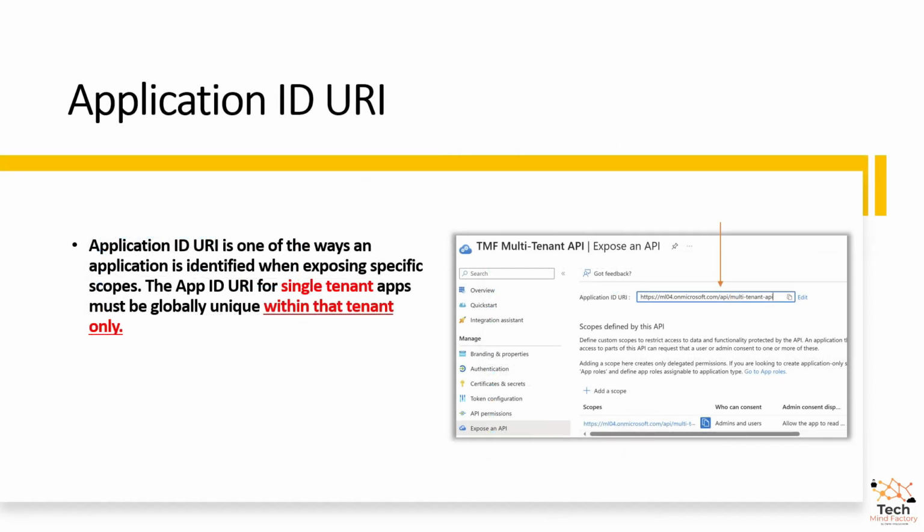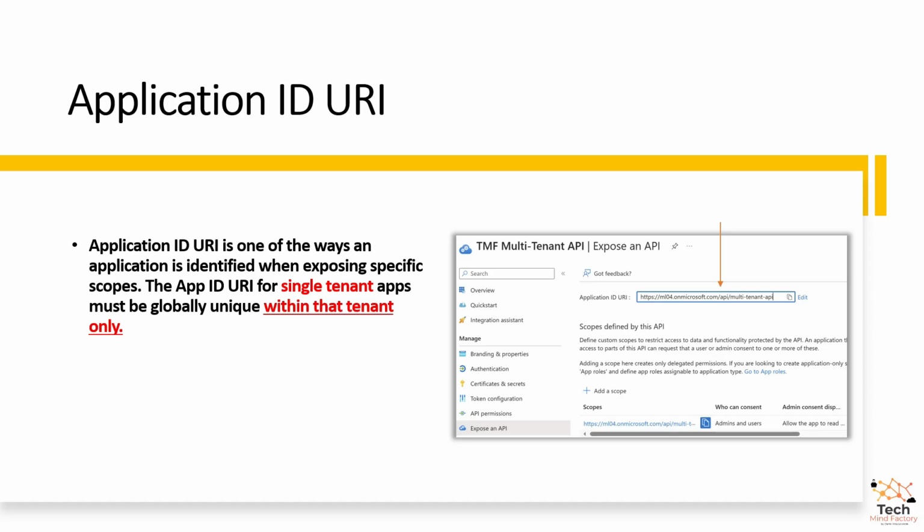The application ID URI is one of the ways an application is identified when exposing specific scopes. The app ID URI for single-tenant applications must be globally unique within that tenant only. So that's why, as you can see on the right side, I can provide such a format.